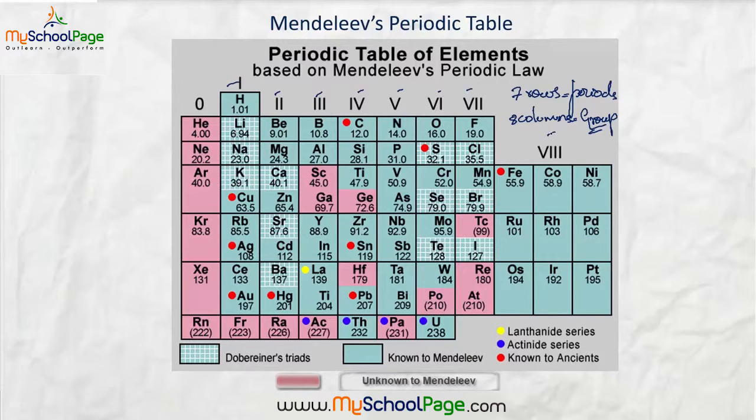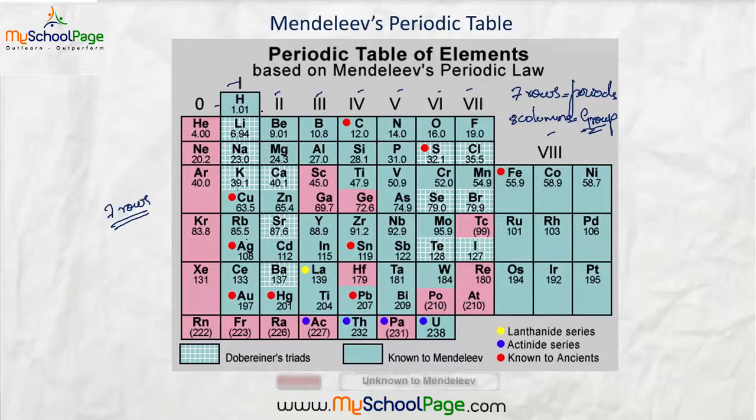There are 8 columns or groups. And 1, 2, 3, 4, 5, 6, 7. There are 7 rows. So Mendeleev's periodic table had 7 periods and 8 groups.